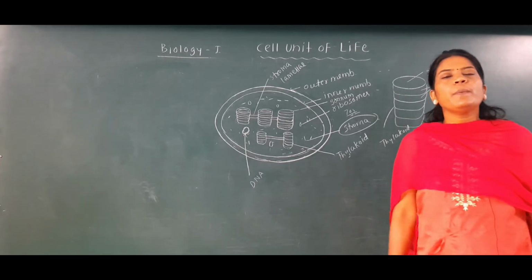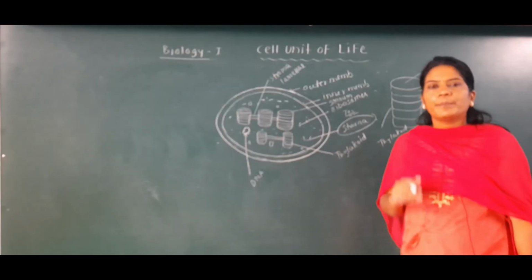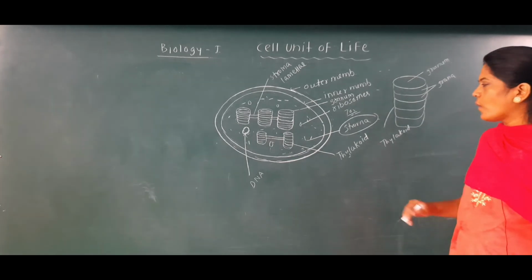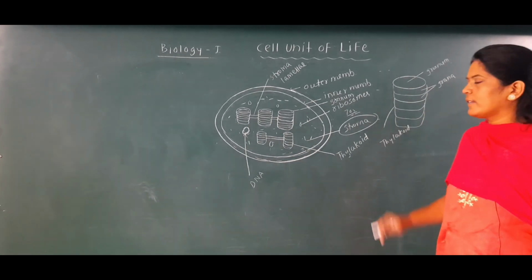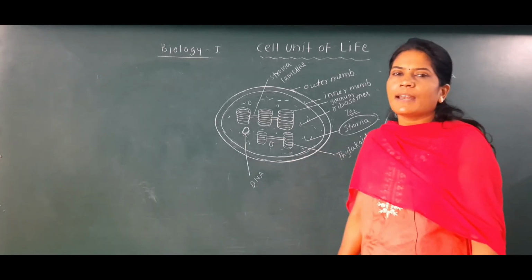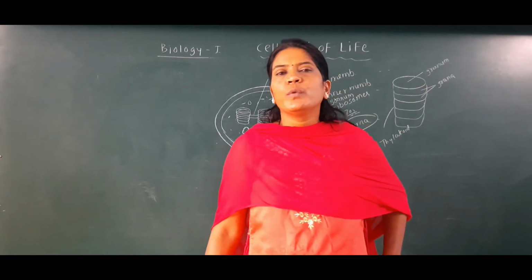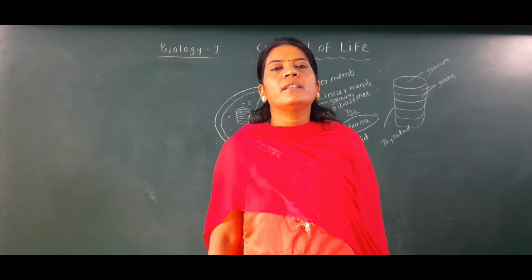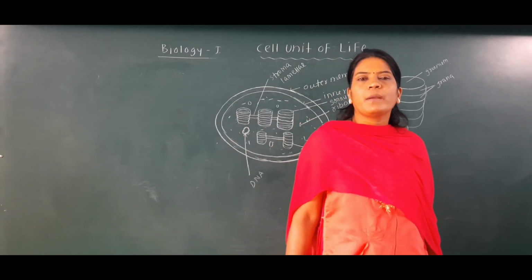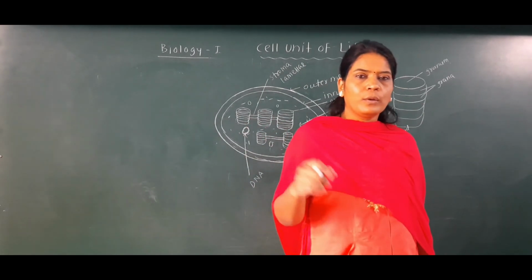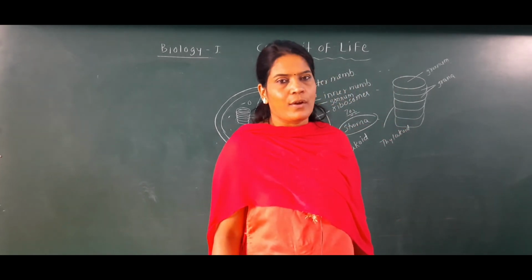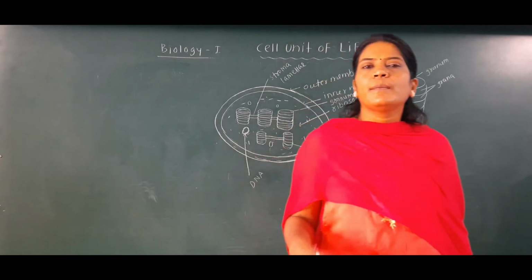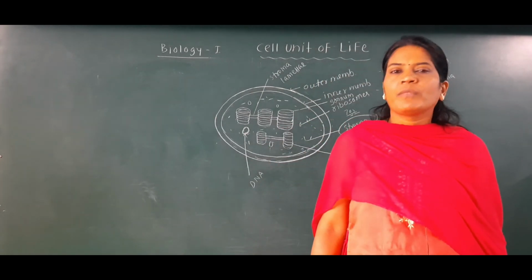The chlorophyll pigments which are present in the chloroplast are particularly found inside the lumen of the thylakoid, or we may say that it is present inside the grana. So if the question is asked where the chlorophyll pigment or the carotenoid pigments are present in the chloroplast, the answer is that it is present in the lumen of the thylakoid, nothing but in the granum or the grana part of the thylakoid.